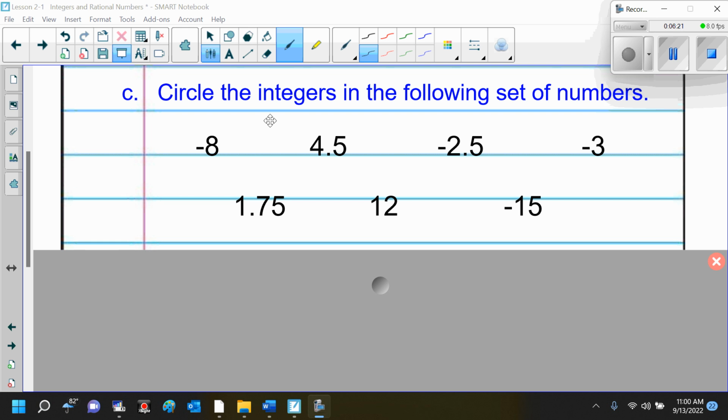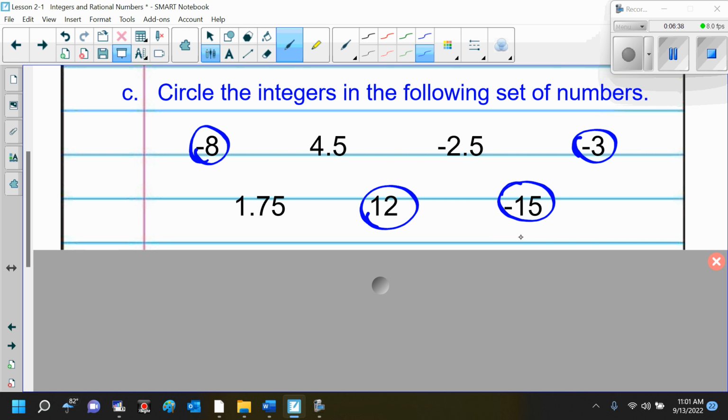So I want you to write your instruction and I want you to write those numbers. Here, the integers are -8, -3, 12, and -15. Is everybody clear? Yes. Remember we said fractions and decimals are not integers.